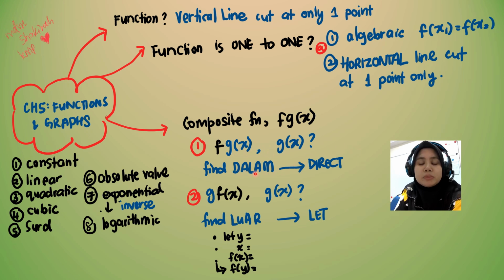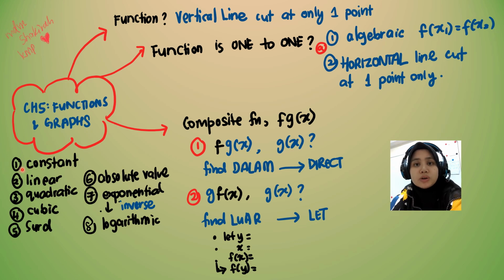It's easier for you to remember D and D, alright? Number 2, g(f(x)), you want to find g(x). The position of g(x) here is outside, or luar. For luar we use let. For the let we have steps. First I will let the bracket equal to y, and then we change x as the subject, and then we can get our f(x). Automatically you change to f(y). Alright, magic there.